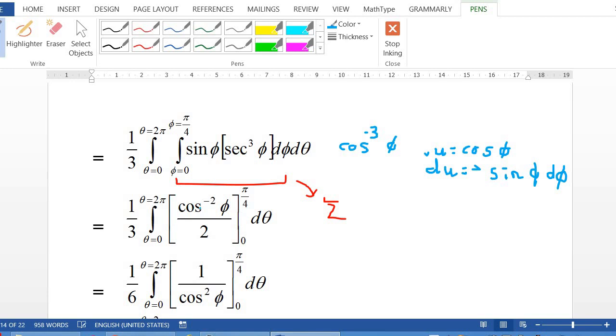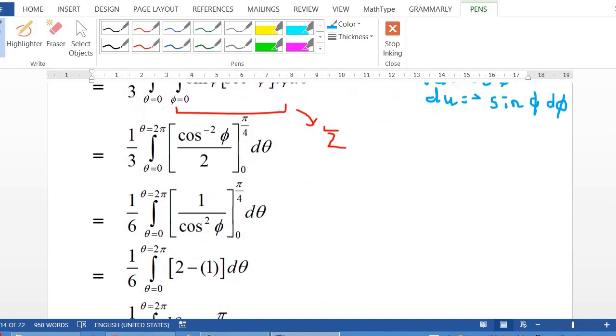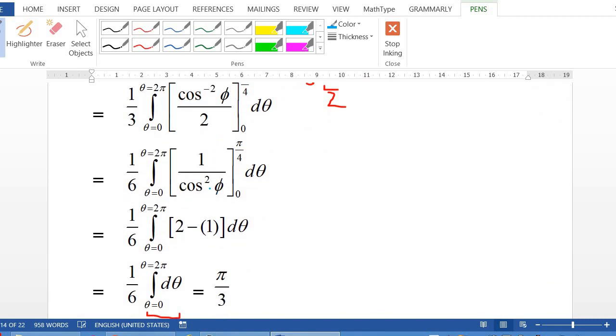Then you get this answer, where the integral of sin phi secant to the power 3 phi, by using the substitution technique as in the previous example, is cos to the power negative 2 phi over 2, with the limit for phi from 0 to pi over 4. Again, cos to the power negative 2 is 1 over cos squared phi. Then plug in the limit of phi from 0 to pi over 4. Cos pi over 4 is square root of 2 over 2.